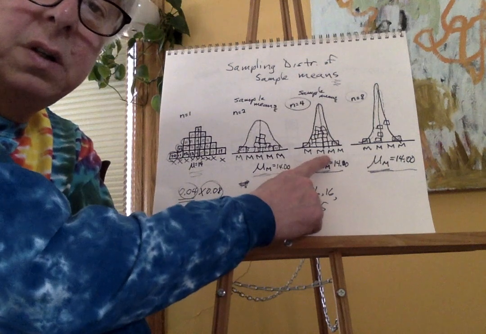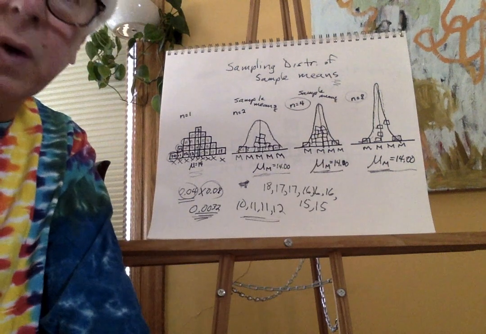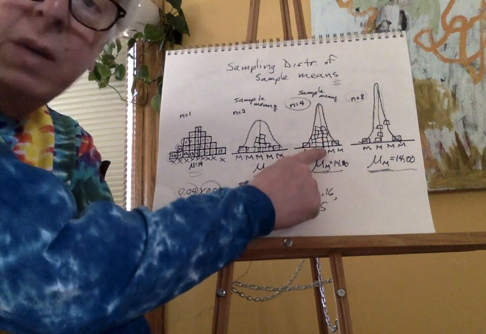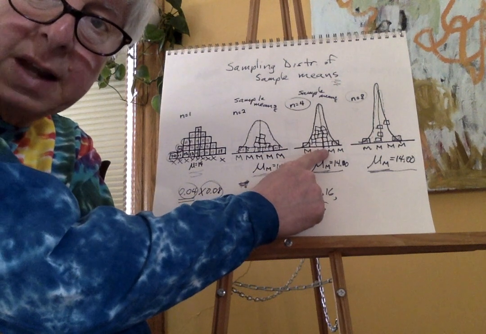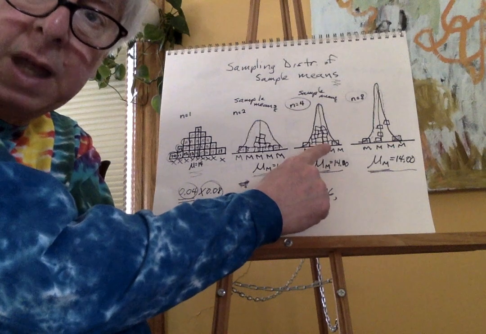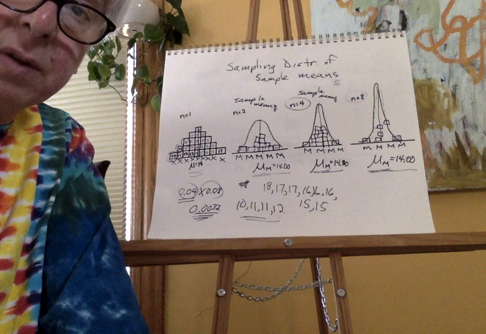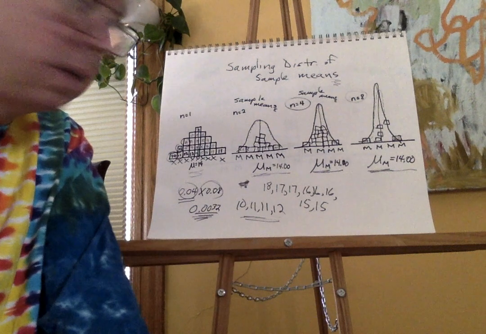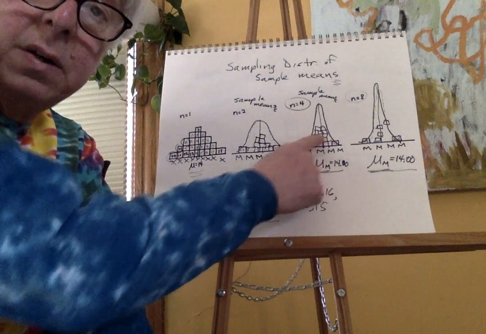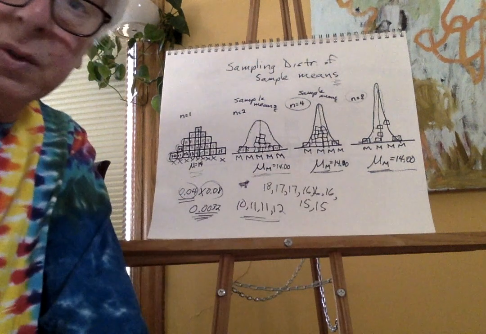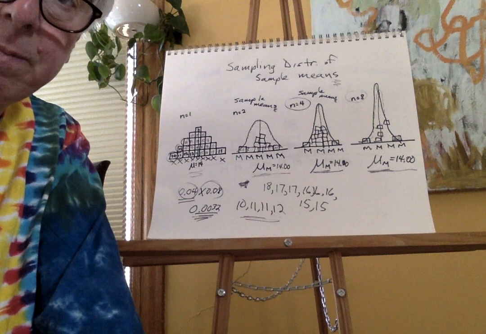For this one, we took out samples of 4. Get a sample of 4, get the average, make 1 block for that sample mean, and put it on this graph. Take out another sample of 4, get the mean, put that block on here. It represents the means of samples, okay?